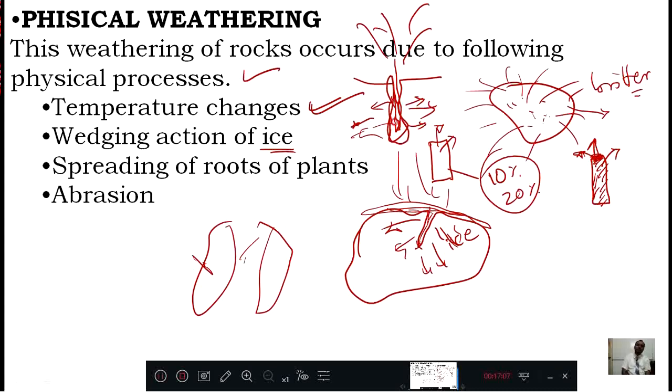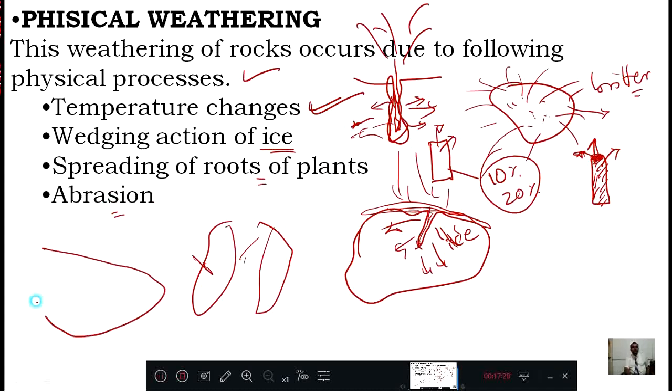But this is not spontaneous. It is a very time-consuming process. You cannot sit and see how the rock breaks when the root grows. You might have observed some compound walls broken because of root action. Like that, the rock will disintegrate because of plant roots.